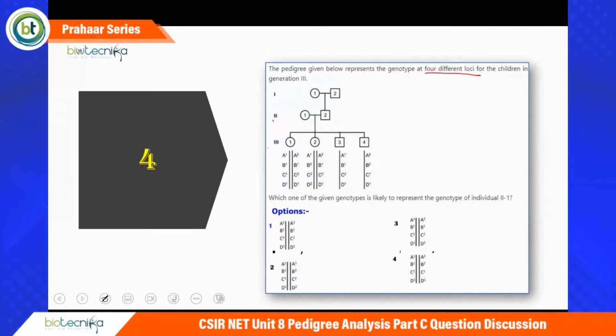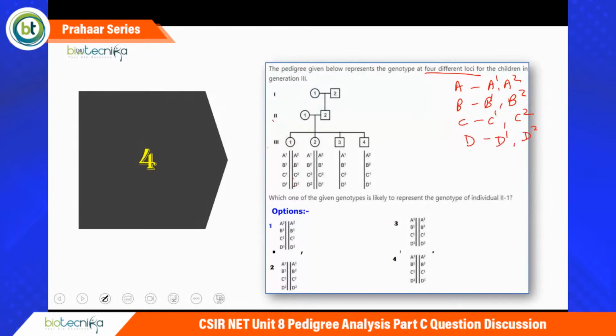So these standing lines basically are the chromosomes and the alleles are written here. So there are the loci A, B, C and D. A locus has 2 alleles, A1, A2. B locus has 2 alleles, B1, B2. C locus has 2 alleles, C1, C2, and D locus has 2 alleles, D1 and D2.